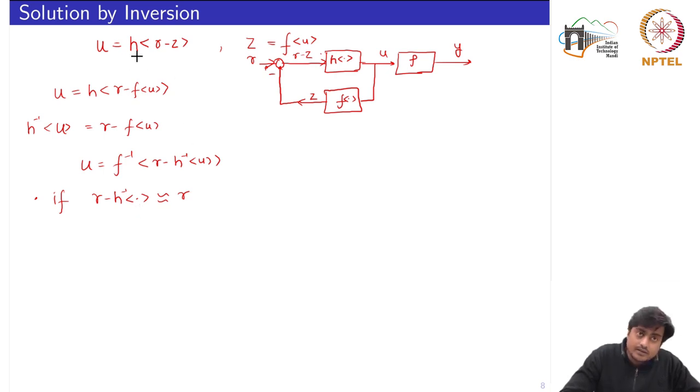Because this function h is defined by the user. Now the user can define the function h such that r minus h inverse of some function becomes equivalent to r. Then in that case it implies that you would have u is equal to f inverse of r. Here we assume d is equal to 0 for the moment, because the major problem in the previous solution was the inverse of the function itself.